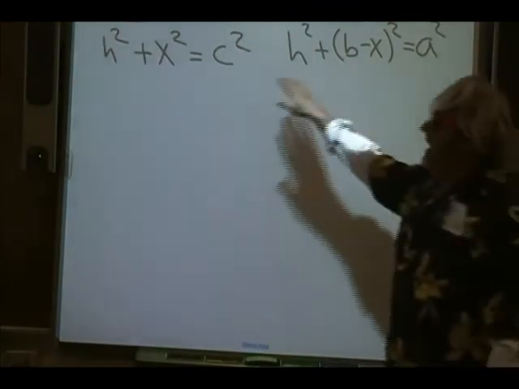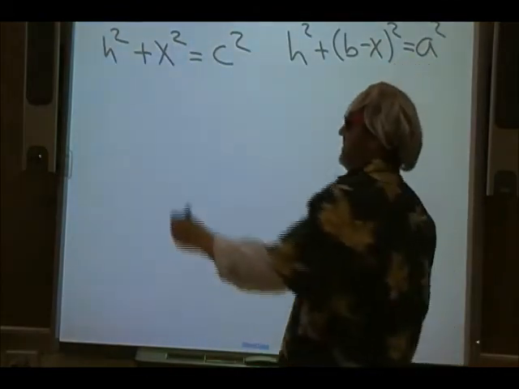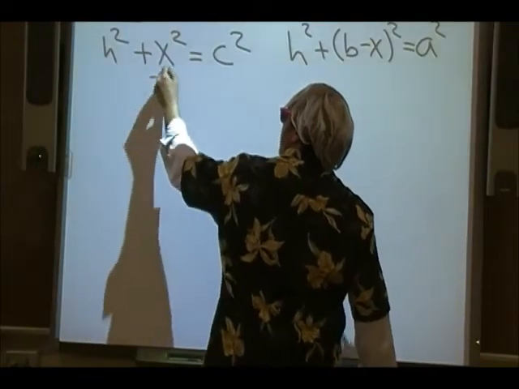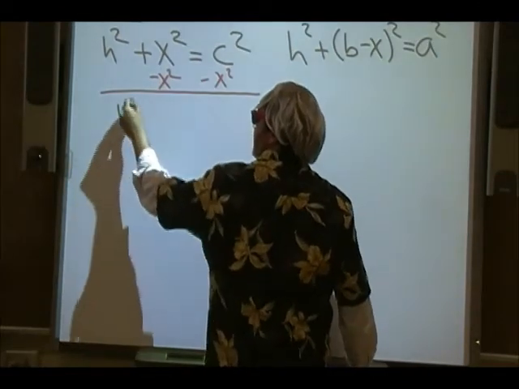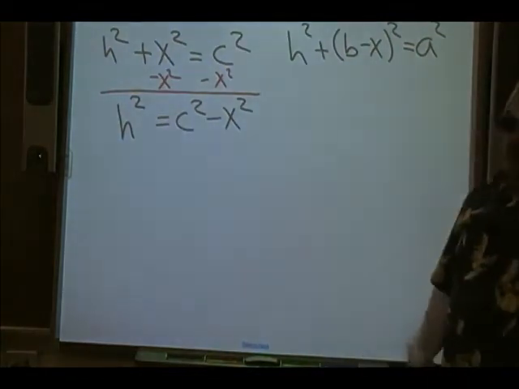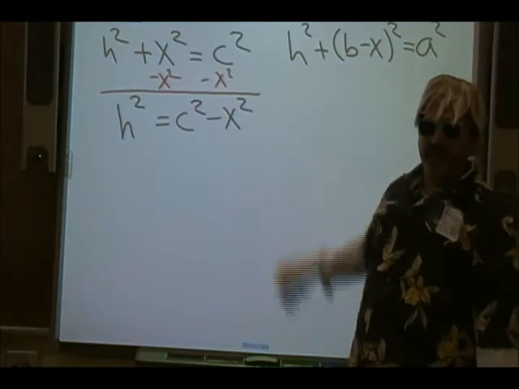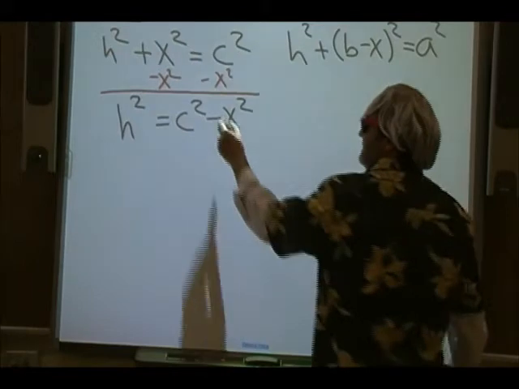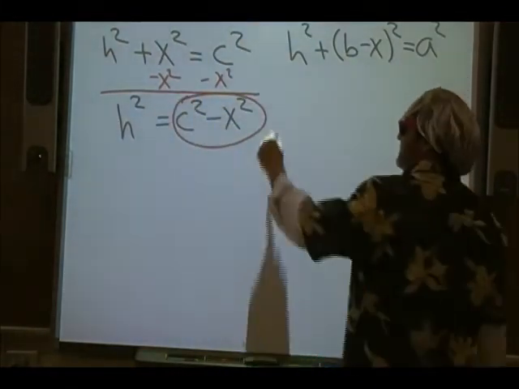Now, I see they both have an h squared in it. So let me solve for one of the h squares by taking away this x squared. And now I have h squared is c squared minus x squared, right? So I can replace this and put it right there, like a substitute.